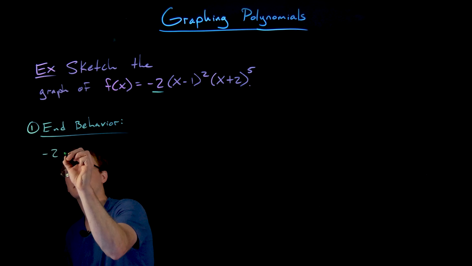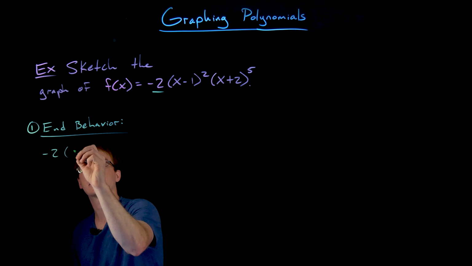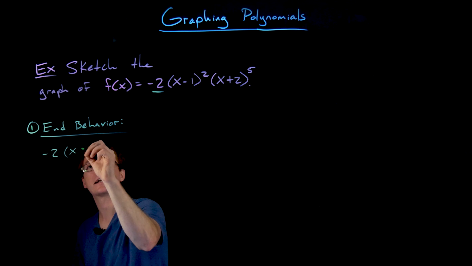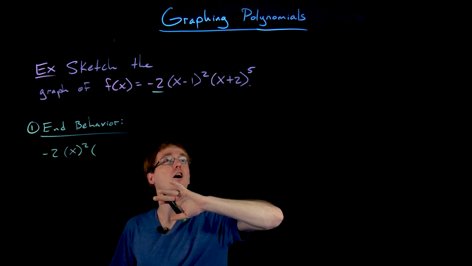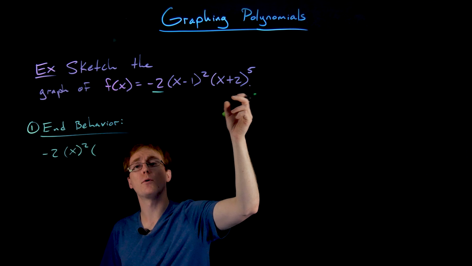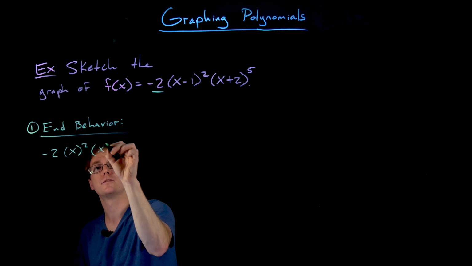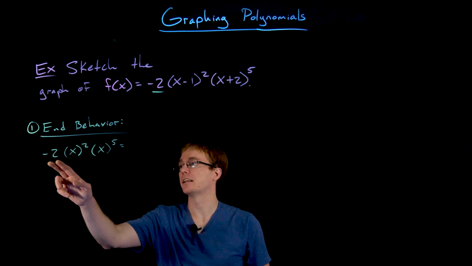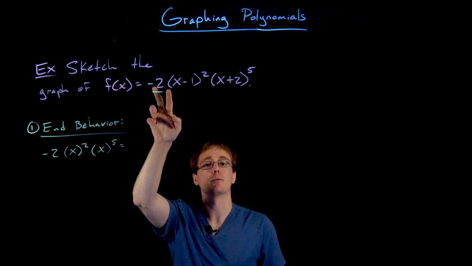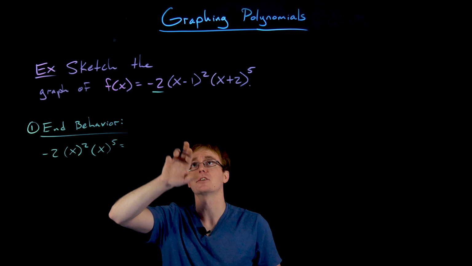So we're going to have a negative 2 times an x times another x. So I'll just call that times an x squared. Then from our 5 copies of x plus 2, we're going to pull a factor of x out of each of those and multiply all that together, right? So the negative 2 came from that factor that helps us create our leading coefficient and leading term.